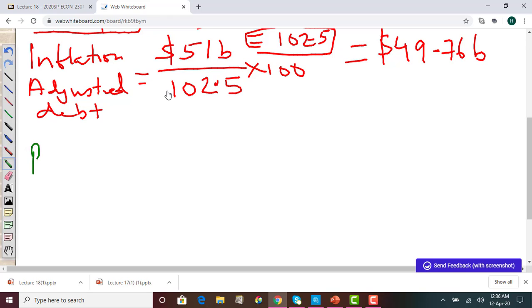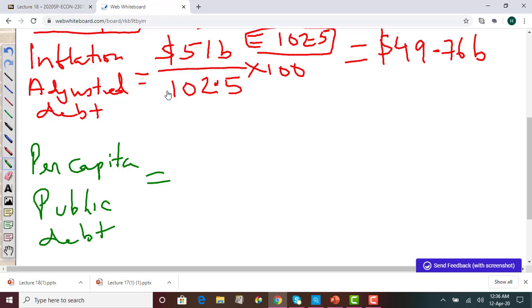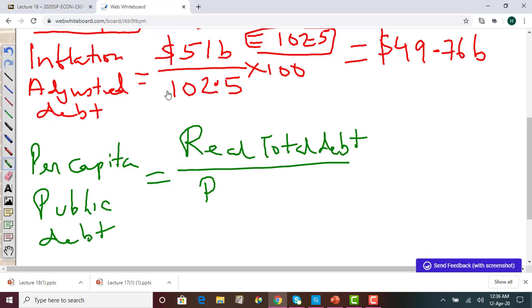So per capita public debt, which we will calculate as real total debt divided by your population. Okay, now we have to convert this.